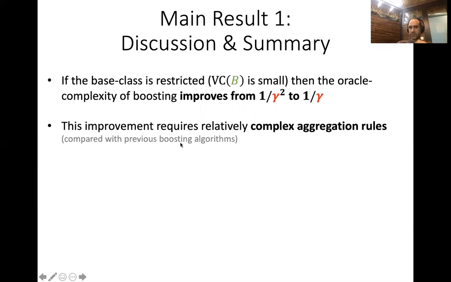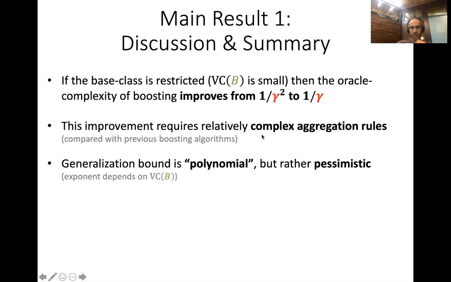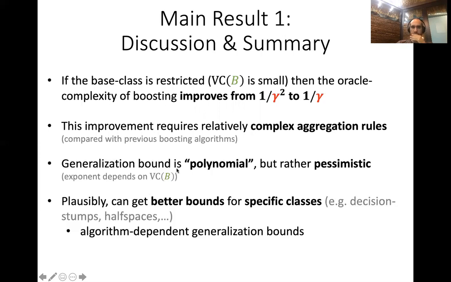We did not discuss it, but if you come to the poster, I'll be happy to give you more details. And also, we did not discuss generalization. The rest, generalization and how complex the aggregation rules are, I will discuss with those of you who come to the poster session.